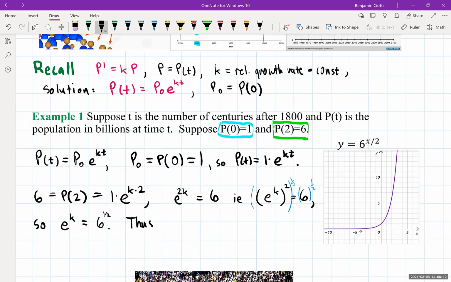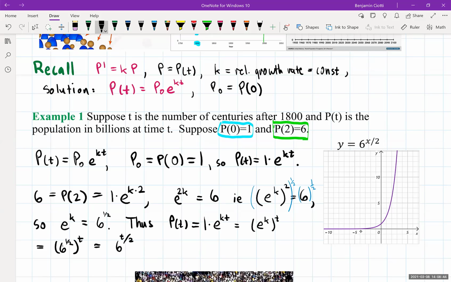I can now write down that P of t is, let's see, it's 1 times, well, it's e to the kt, which can be written as e to the k in parentheses to the t, or 6 to the 1/2 to the t, or 6 to the t over 2.